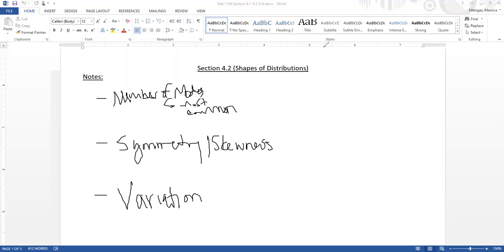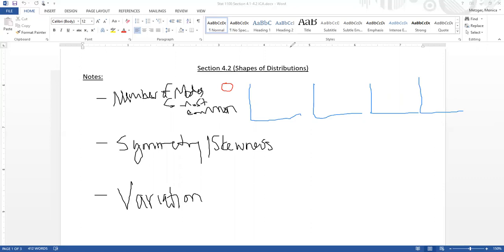Let's go ahead and talk about the way that different graphs would look based on the number of modes. And I'm going to talk about 4 different scenarios here. If the distribution does not have any modes, what we're saying is that every value occurs the same number of times.